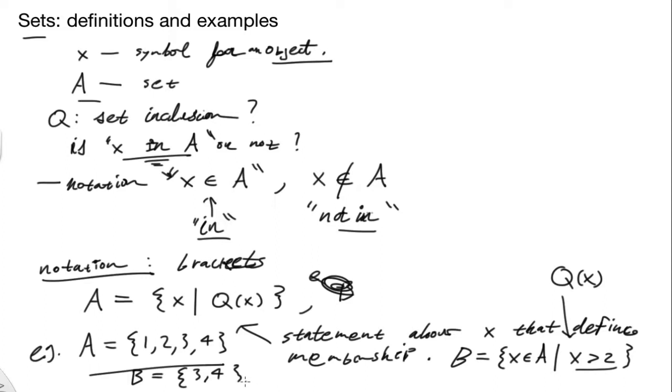But this is the way we can build one set B out of another set. Essentially, we can take some larger set A. It has more elements in it, and by using some condition Q, which in this case is X greater than 2, we can build another set out of the previous set. So usually it starts by some basic definition of the types of objects.